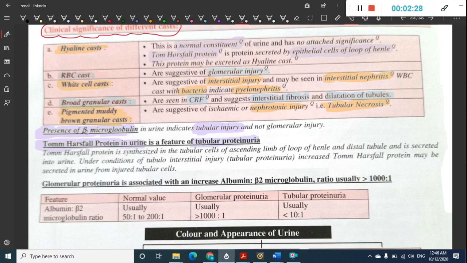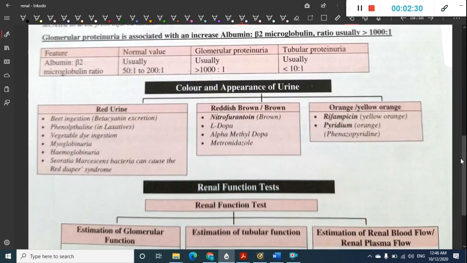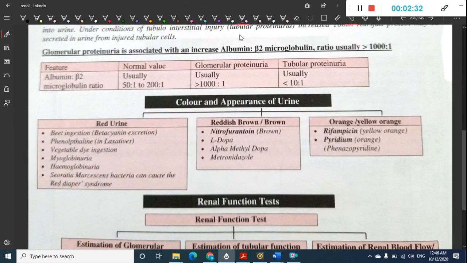Next, there are two different types of proteinuria. This is the normal value. This is glomerular and tubular proteinuria. The albumin to beta globulin ratio is not normal in both glomerular and tubular proteinuria.